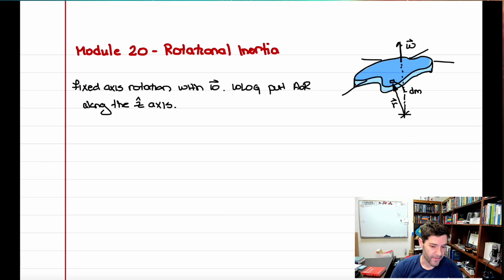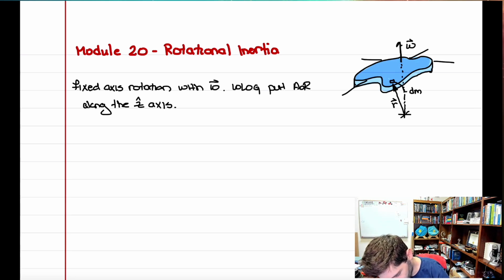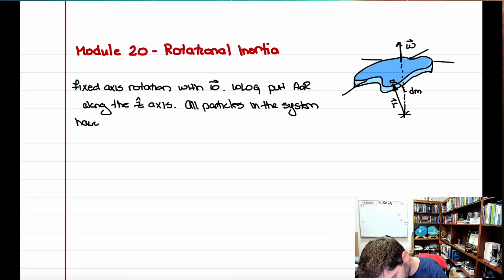The nice thing about that is that for any particle in the system, under these assumptions, its polar coordinate radius is fixed. All particles in this case have a fixed polar radius.